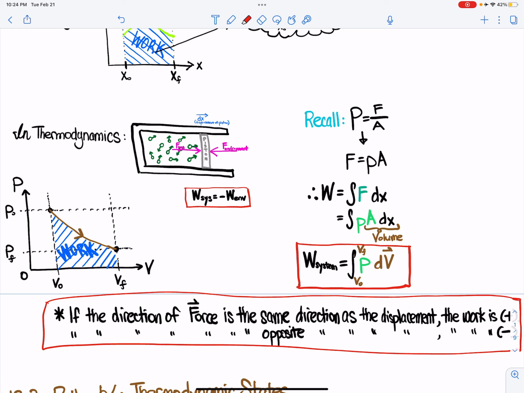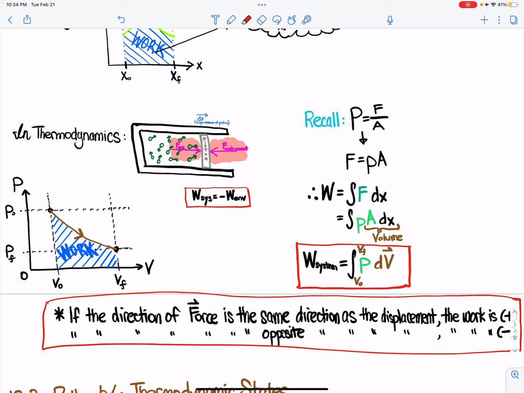If our piston moves, so we have a displacement of the piston, then we have work. As we can see, the force from the green gas molecules is in the opposite direction of the force of the particles from the environment hitting the piston on the other side.